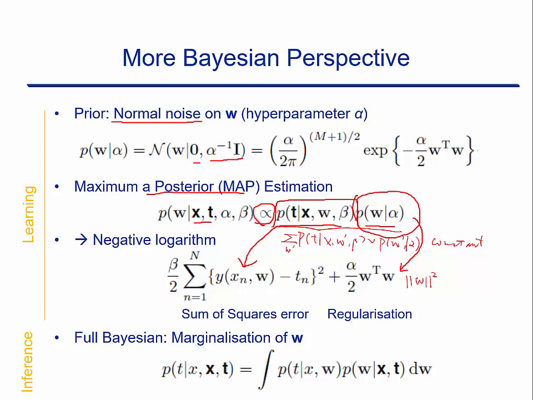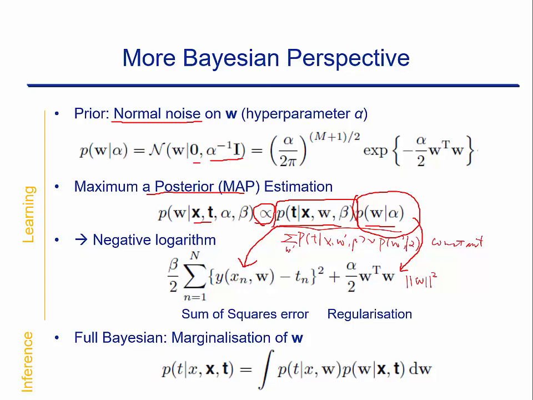So in this case, we know that the MAP estimate is obtained by maximizing the posterior of W, which is equivalent to minimizing the negative logarithm of the right-hand side of the posterior equation, which is further equivalent to minimizing the sum of squares error subject to this regularization.